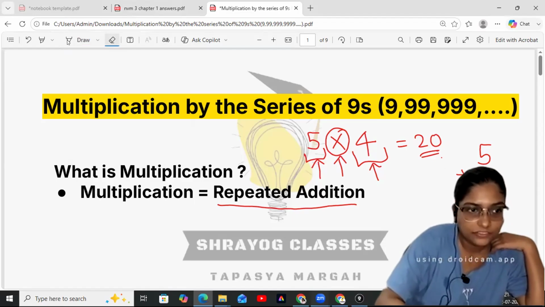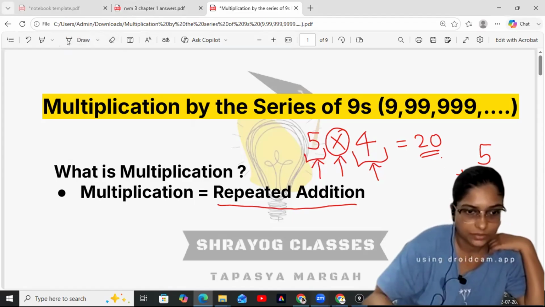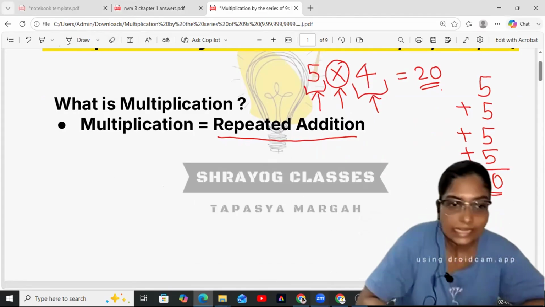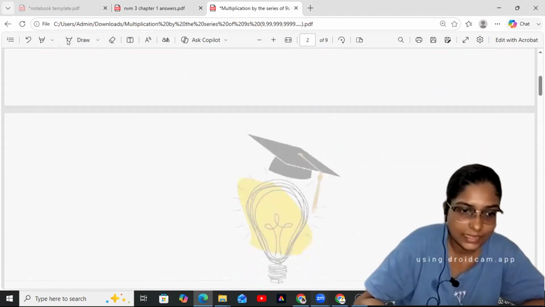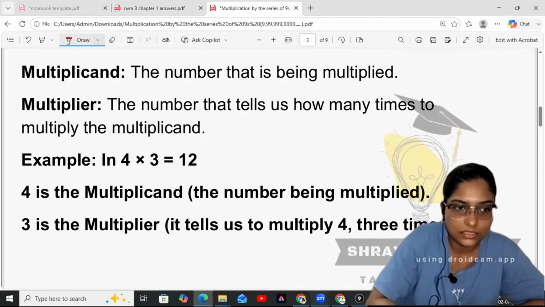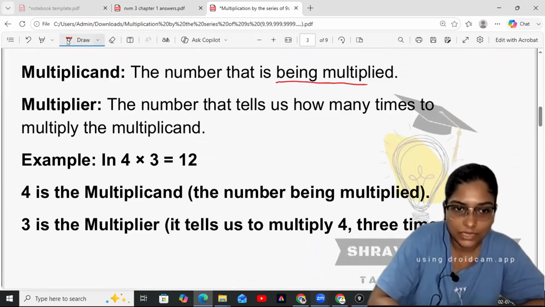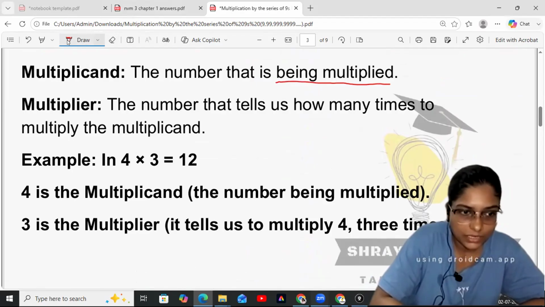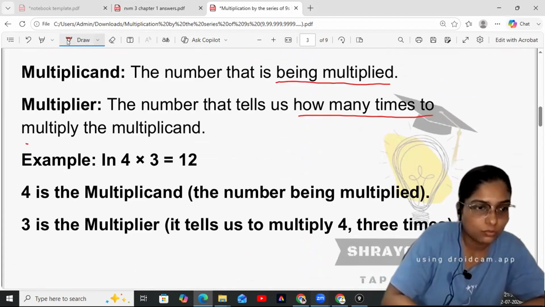Now, why is this information so important? To understand what the multiplicand and the multiplier are. Multiplicand is the number that is being multiplied. And the multiplier is the number that tells us how many times to add the multiplicand.